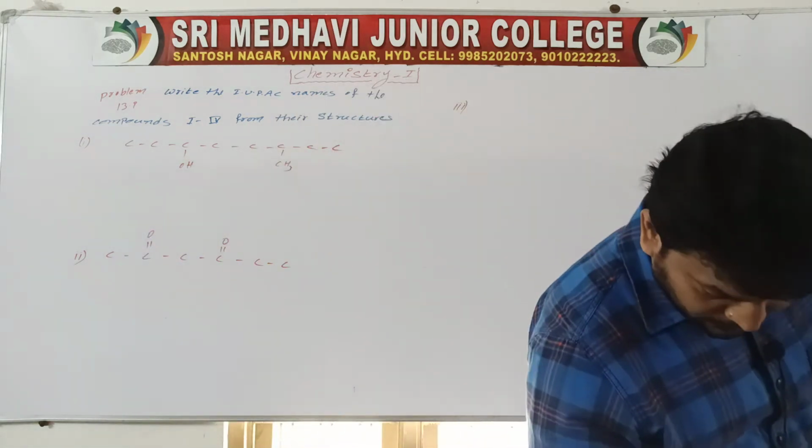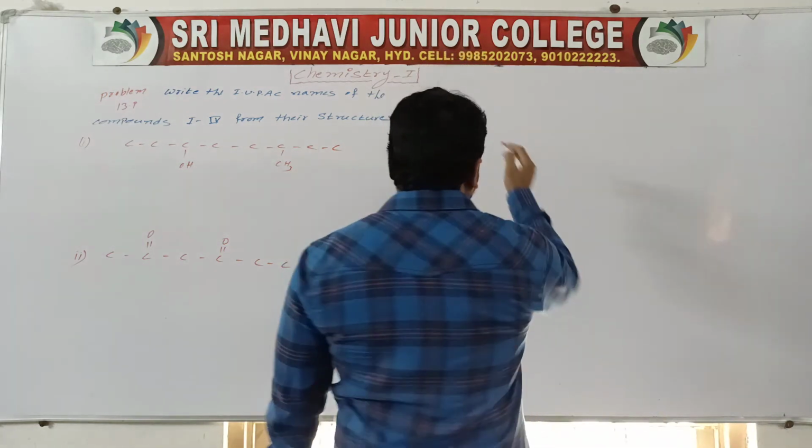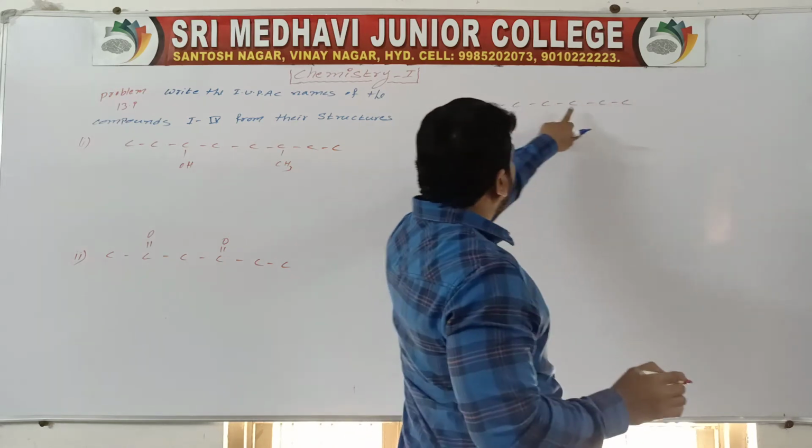The third one also has 6 carbons, C 1 2 3 4 5 6.